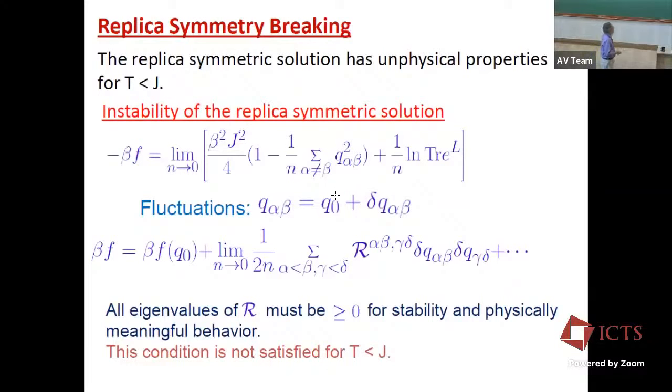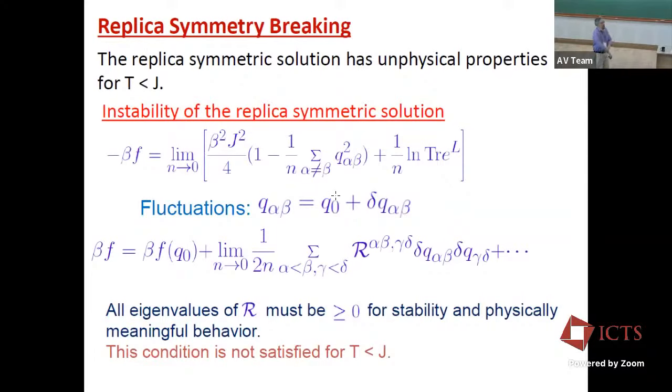And that will tell you whether the solution that I'm looking at is a stable solution or not. And people found that for all temperatures less than this characteristic temperature, the critical temperature for transition, this condition is not satisfied. So that is basically the instability of the replica symmetric solution.